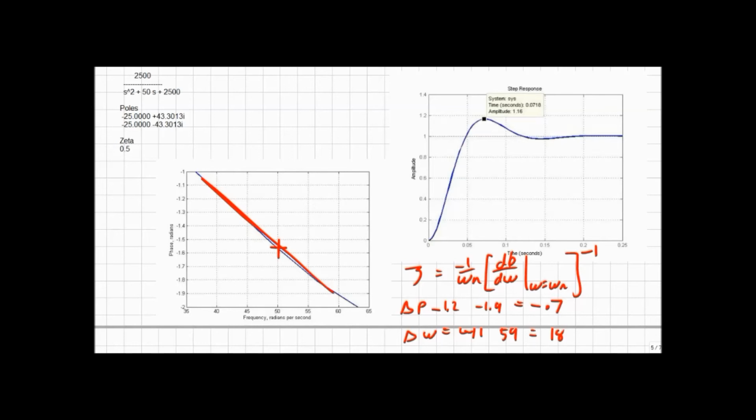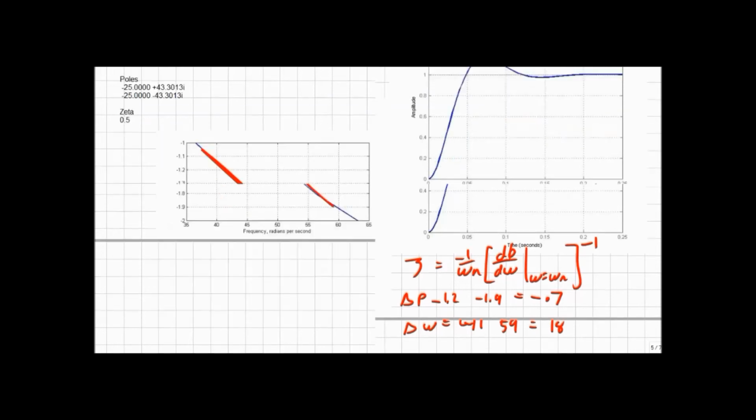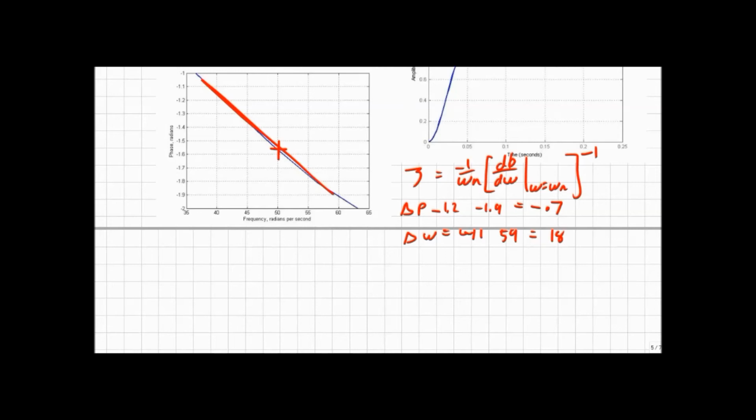So my equation becomes zeta equals 1 over 50, where 50 is my omega n, times 18 over 0.7, and the negative signs cancel out, and I get a zeta equal to 0.51.